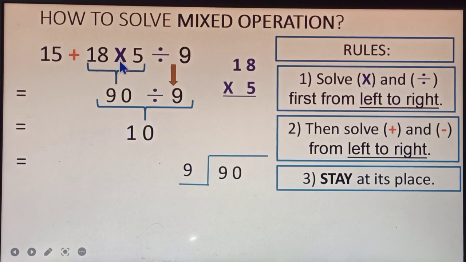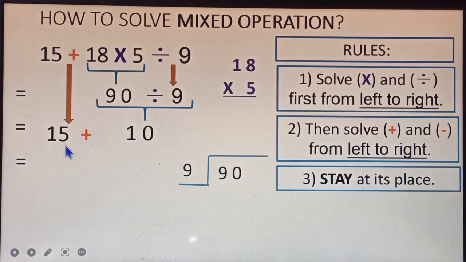Okay, multiply is done, from the left, and divide is done. So next step, what should I do? The second rule, which is solve plus and minus. Because the plus is at the front, it does not change place.